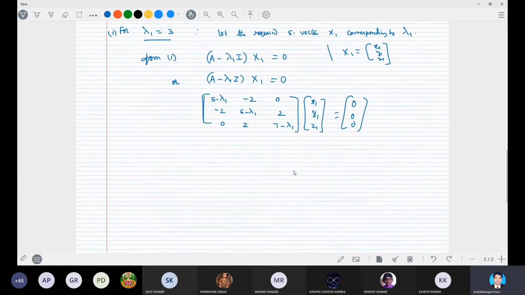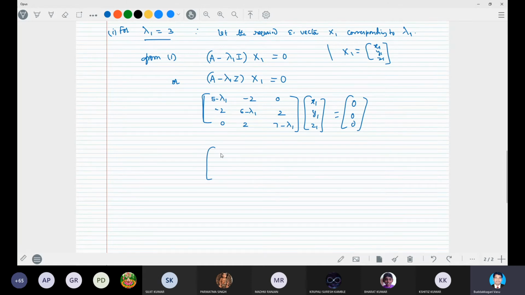Right? Now we have lambda 1 is equal to 3. Put lambda 1 is equal to 3.